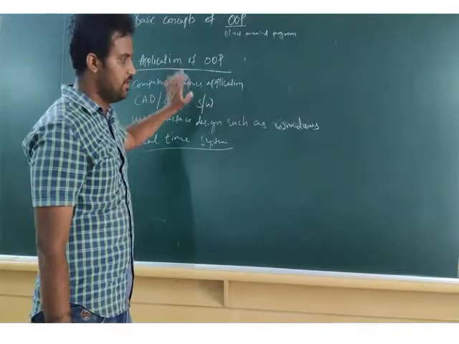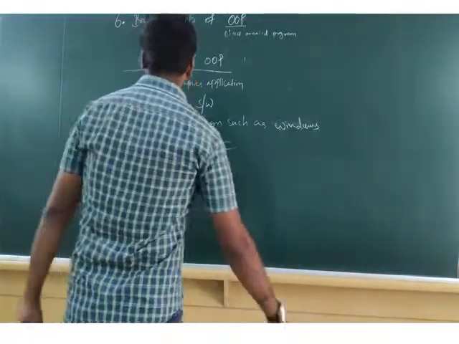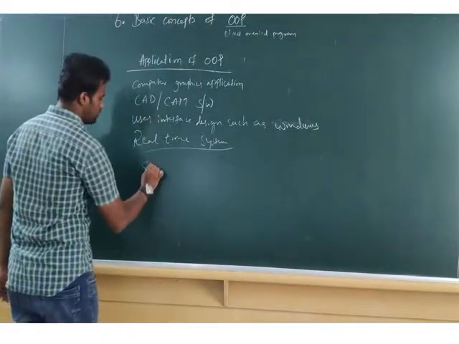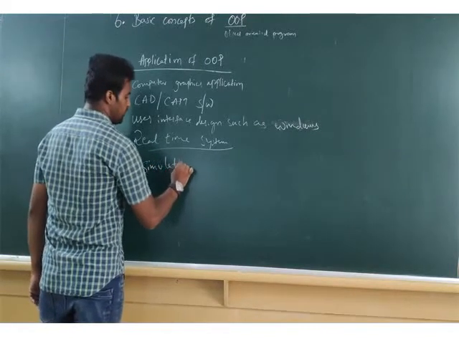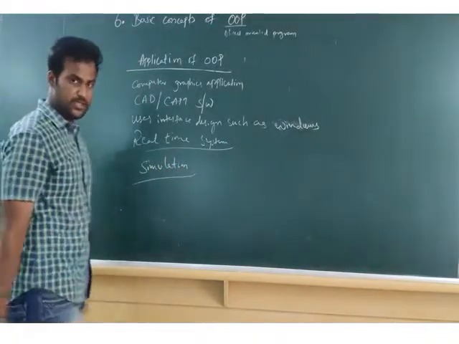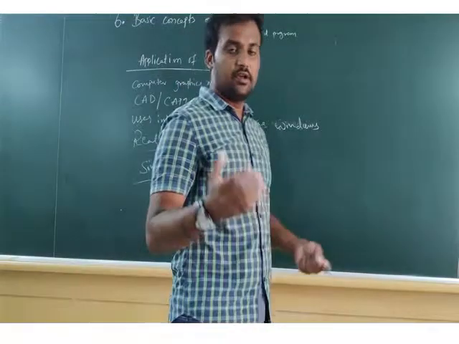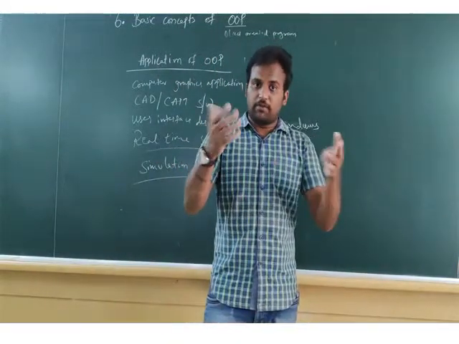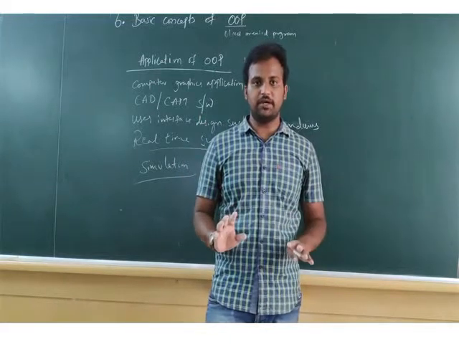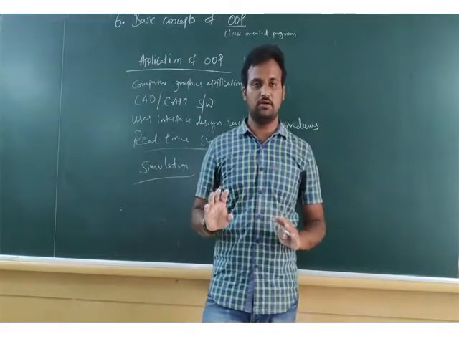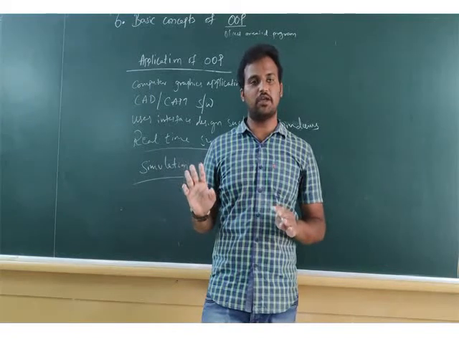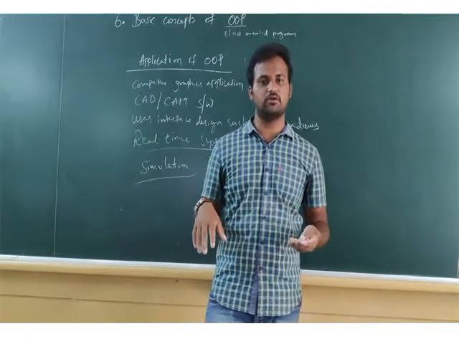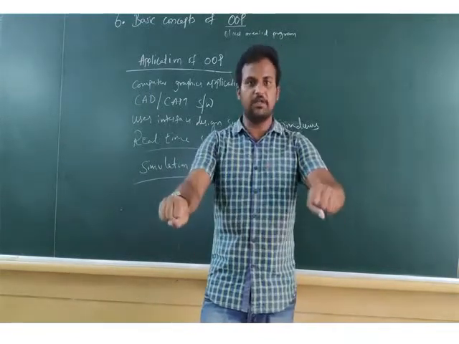Okay? Next, last is simulation. Simulation means, see, working with the computer from outside. For example, you go to any mall, in Hubli or in Bangalore. Outside a bike will be there.